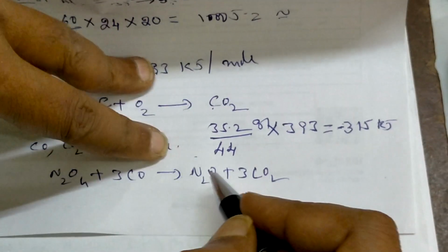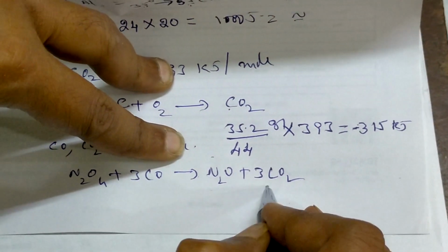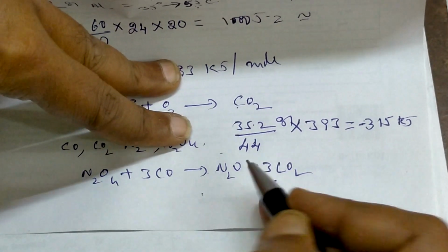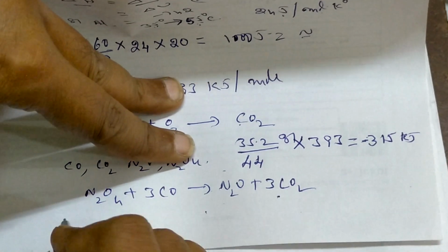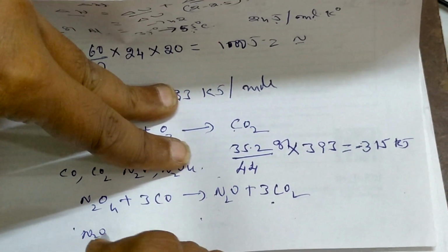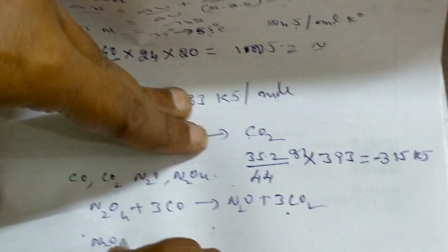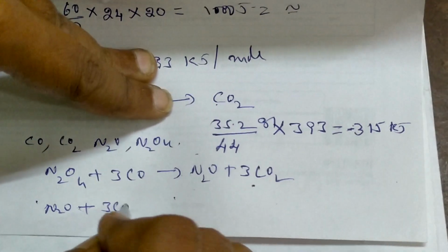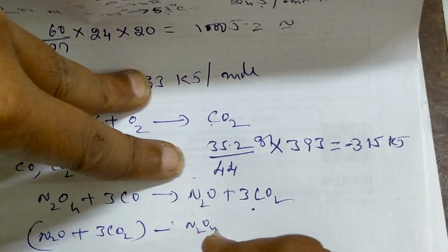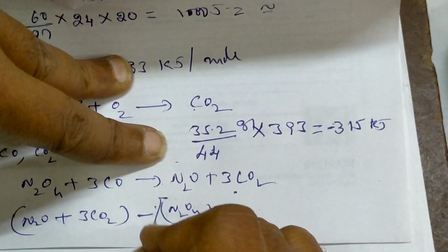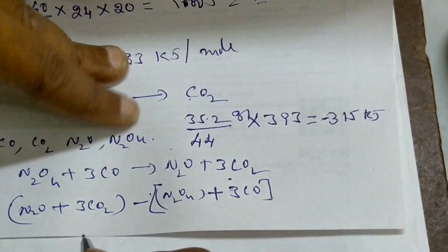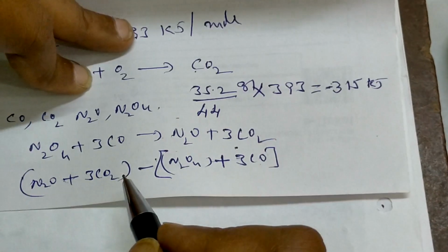We know the formula: delta H reaction is products minus reactants, using formation enthalpy changes. So immediately what we have to write? Products means the N2O value, then the 3CO2 value, minus the N2O4 value plus the 3CO value.